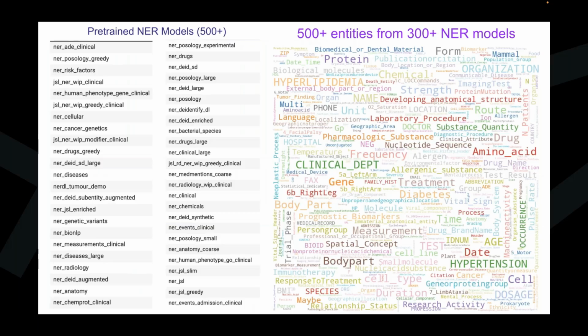We already have more than 500 different small named entity recognition models, so you can extract more than 500 different entities. Of course, you can say, okay, you can just dump this into an LLM and then extract. But if you are doing, let's say, oncology entity extraction with millions of records, and you use an LLM for this, first, you need to make sure that whatever you get from there is deterministic, which it is not.